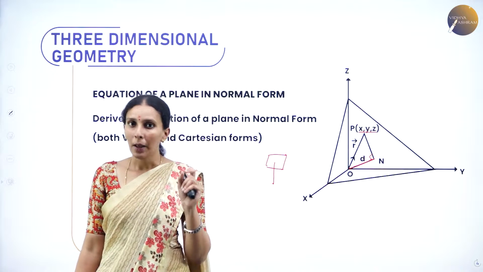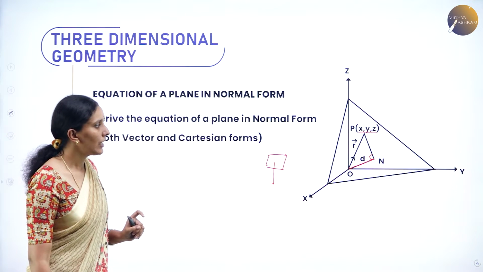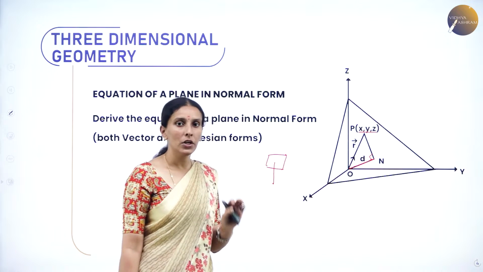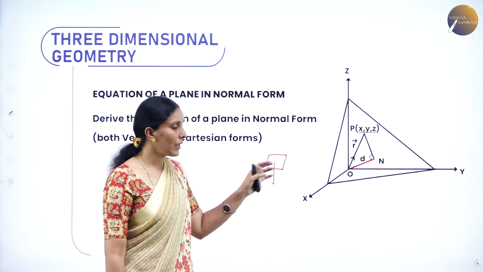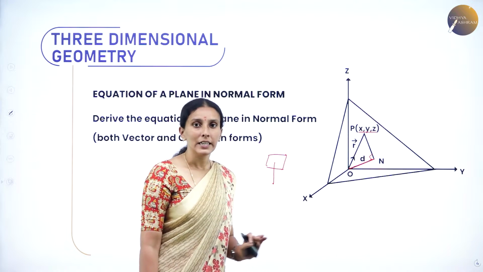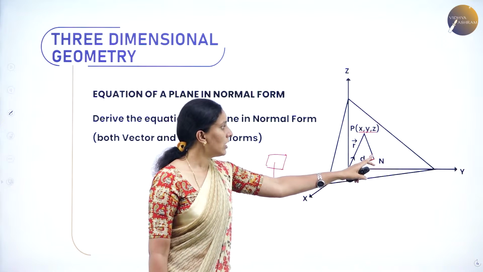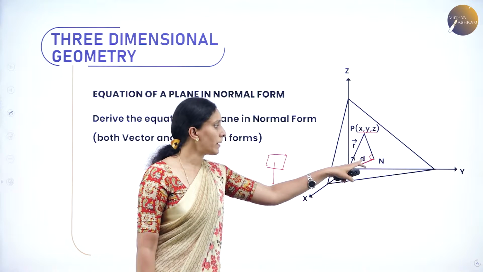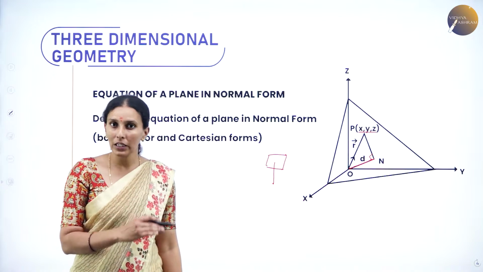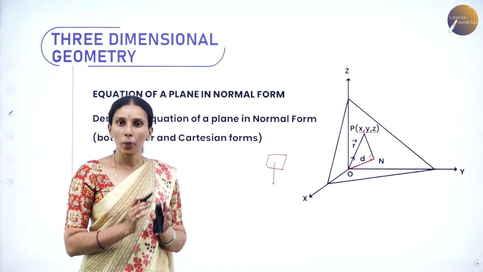Now, from the diagram, let us consider ON drawn from the origin to the plane, which is normal to the plane, whose distance is D. Next, we have a line NP which is perpendicular to ON. Since we are talking about lines in three dimensions, we consider them as vectors.